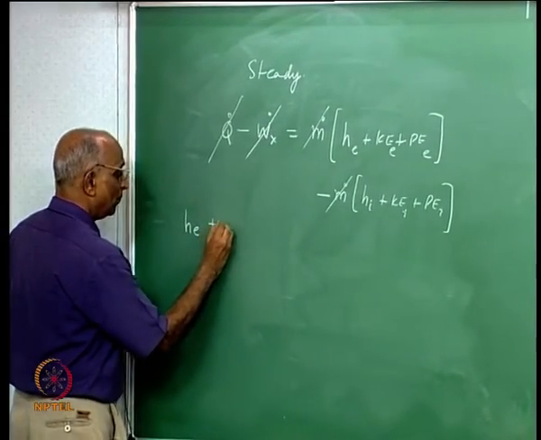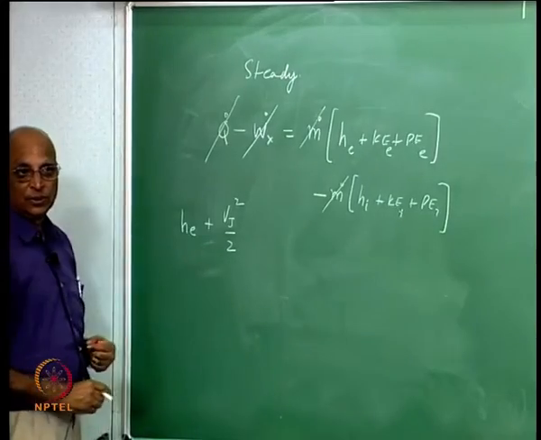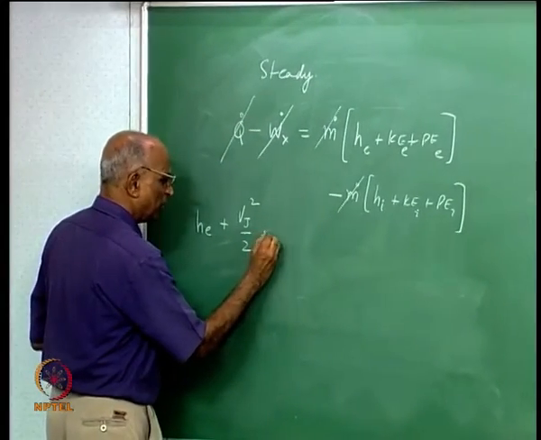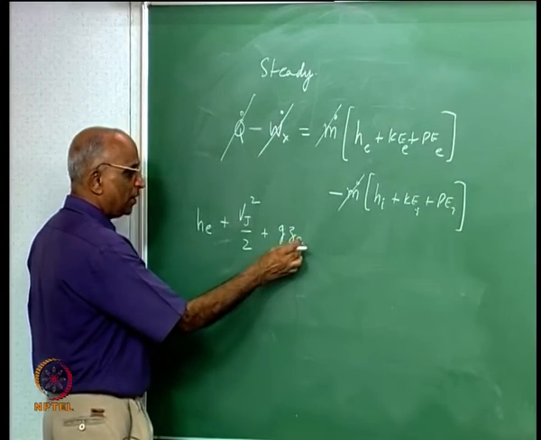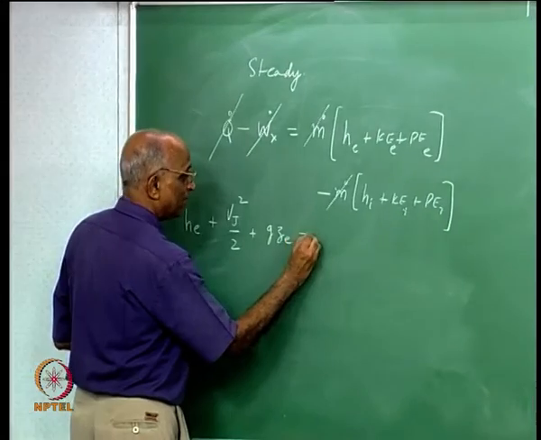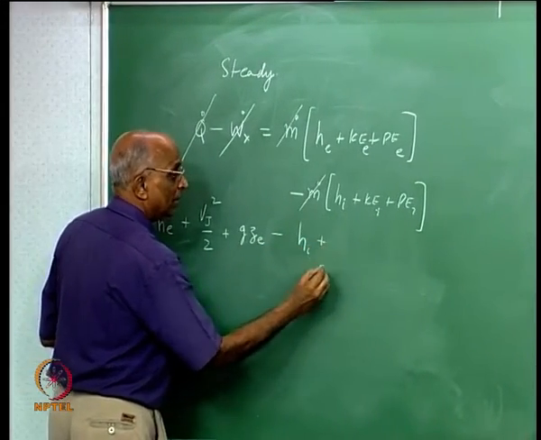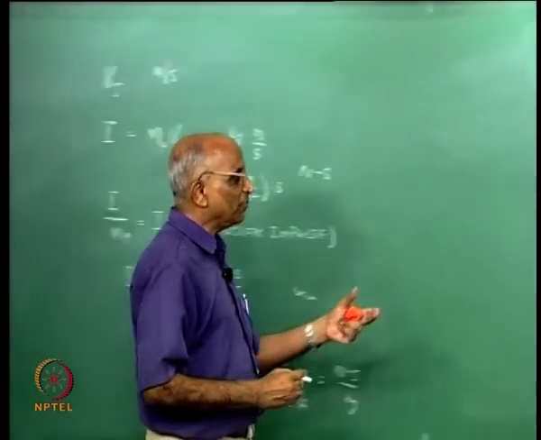It is equal to Vj square divided by 2, that is the exit velocity. I have potential energy equal to g into Z, or the height above the datum at the exit, and this minus I have Hi plus the velocity with which the gases leave from the chamber.